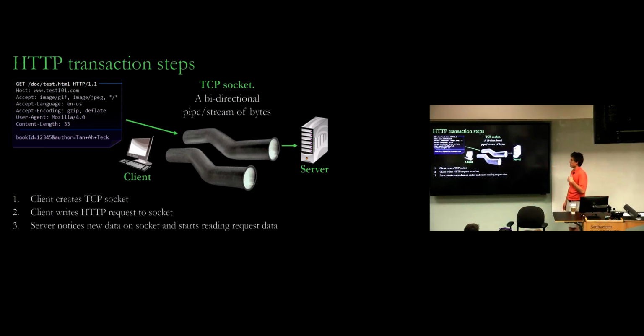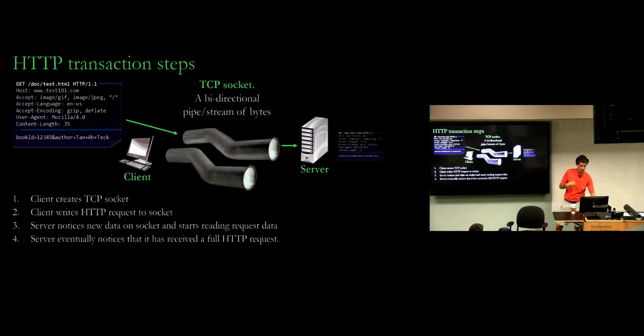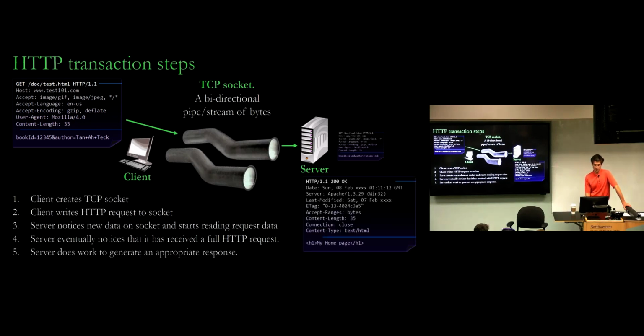The server eventually notices that there's new data coming in on the socket, and it starts reading. It might read one chunk in one call, then read another chunk in another call, and so on. In your project, you'll see how that works. You don't necessarily get it all at once. But eventually you notice it's a full request, and now it's the server's turn to do something.